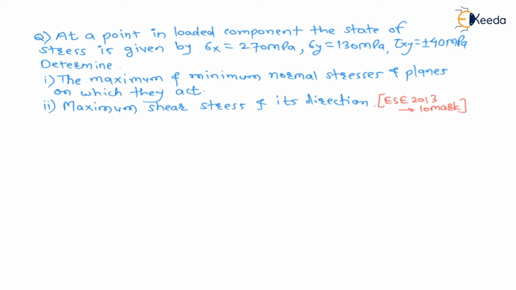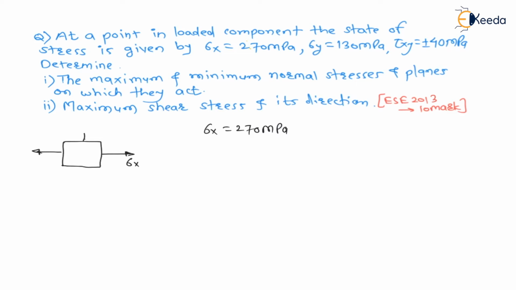Now see, at a point the state of stress is given. If I consider this point here, sigma x is positive, which means tensile, and sigma x is nothing but 270 MPa.